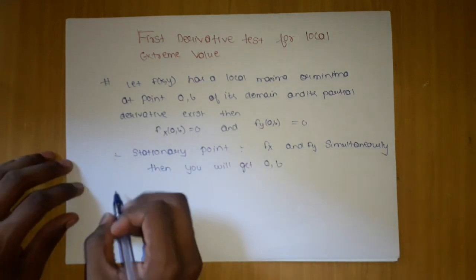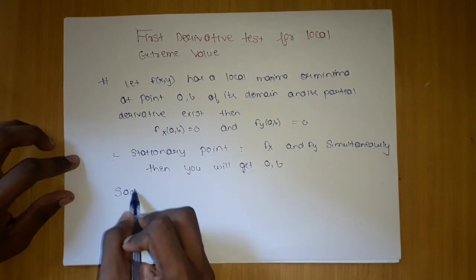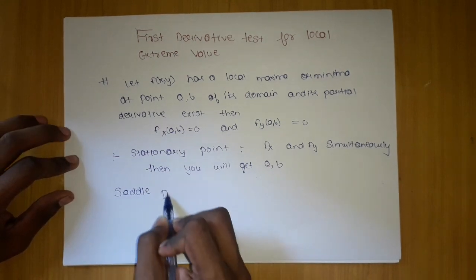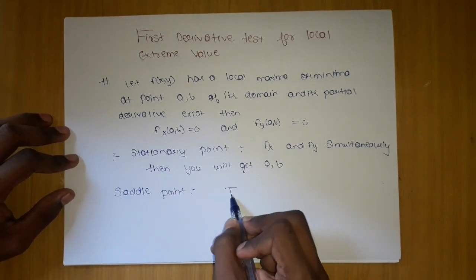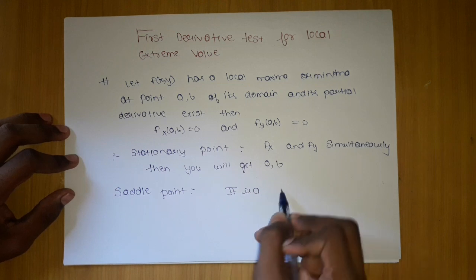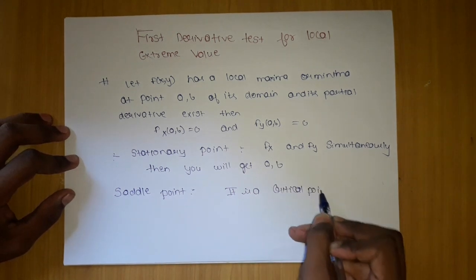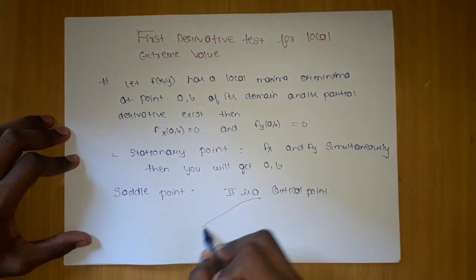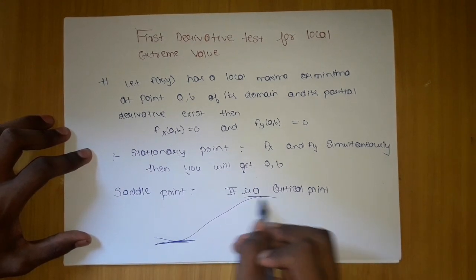Now you will come across one more term, which is saddle point. A saddle point is a critical point. But suppose there is a curve like this. I know here there is a minima and here there is a maxima.